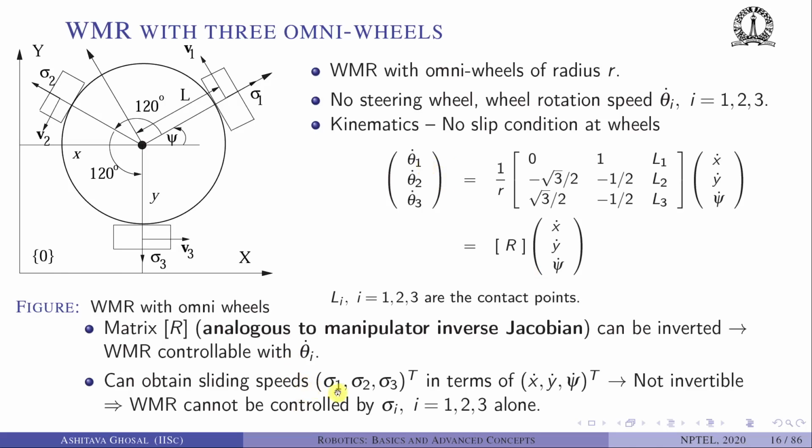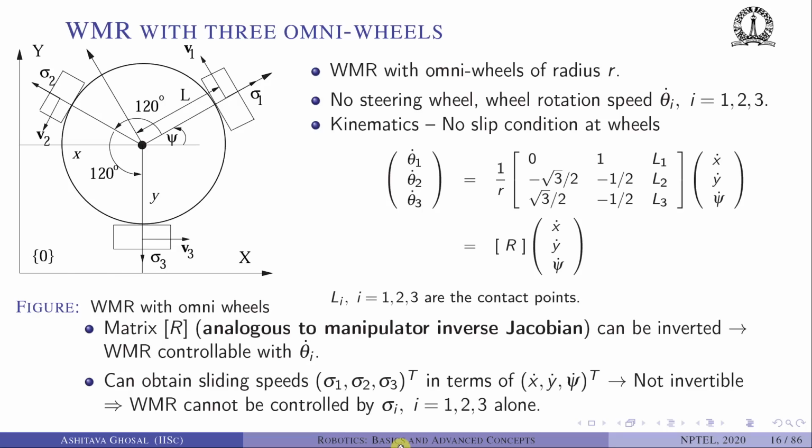We can also obtain the sliding speed, which is the sigma 1, sigma 2, sigma 3 vector, in terms of x dot, y dot, psi dot. However, in that matrix relation, sigma dot is equal to another matrix times x dot, y dot, psi dot, but that matrix is not invertible. So what it is telling you is that this wheeled mobile robot with omnidirectional wheels cannot be controlled by sigma i alone.